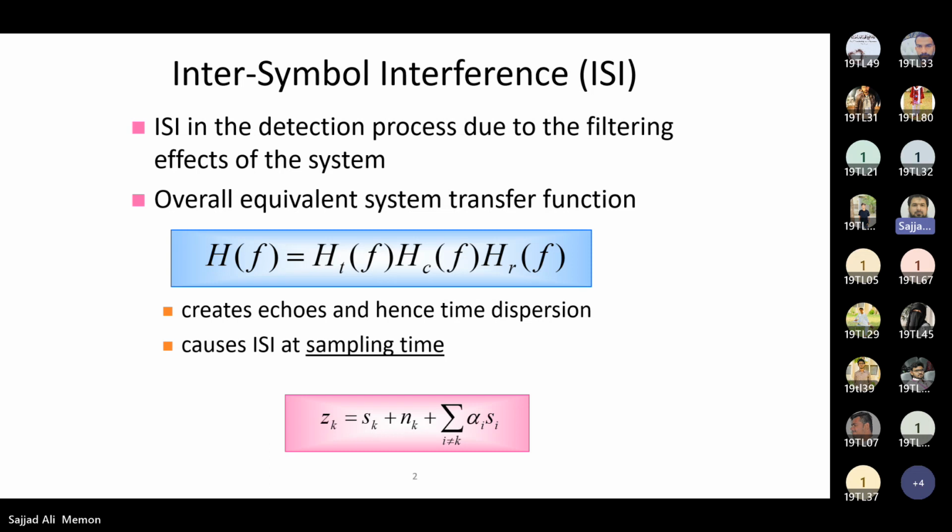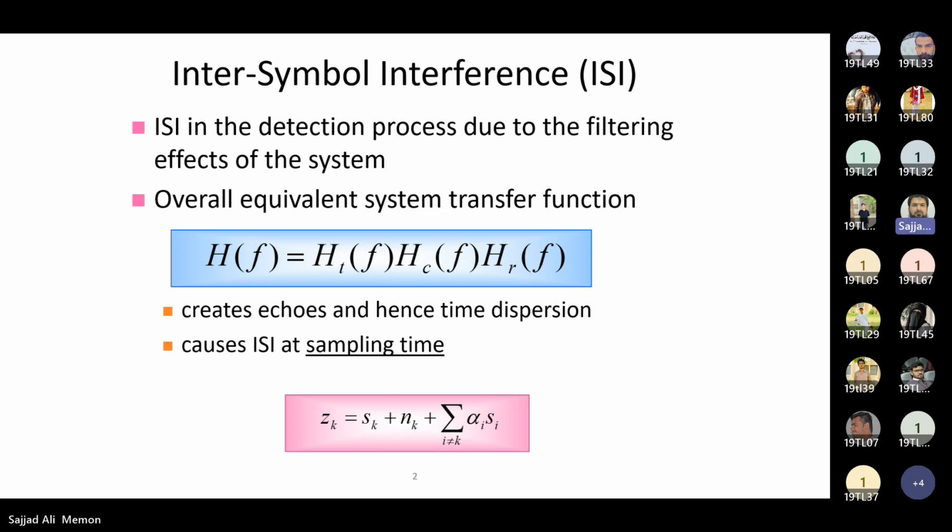The overall equivalent system transfer function is the transmitting transfer function, channel transfer function, and the receive transfer function. So the total is the multiplication of these three: HT(f), HC(f), and HR(f). It creates echoes and hence time dispersion, causing inter-symbol interference at sampling time.